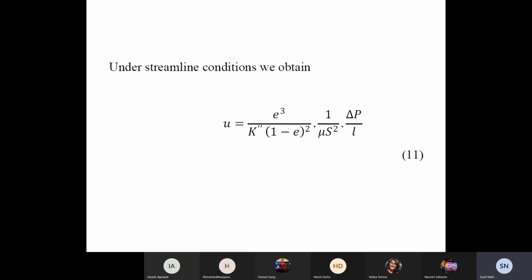And you can write it in terms of all the parameters of the bed. The Darcy's law constant, epsilon or E the void fraction. So it scales as E cubed upon 1 minus E whole squared, a very classic dependence on voidage for a uniform packed bed or a randomly packed bed.